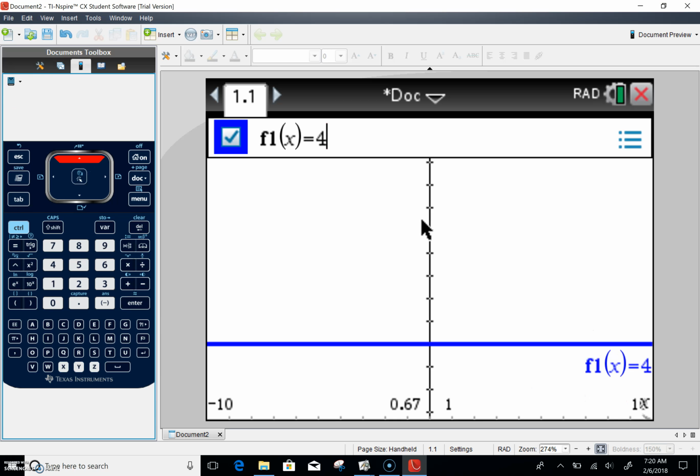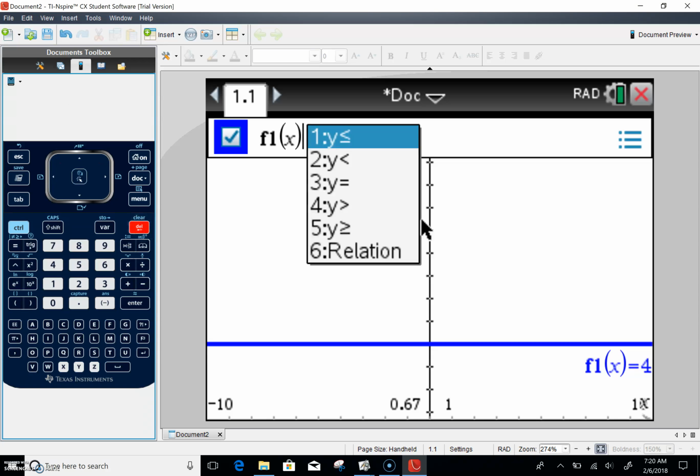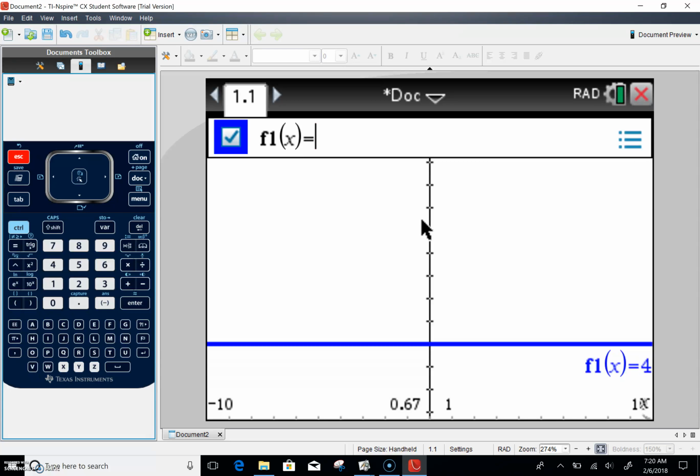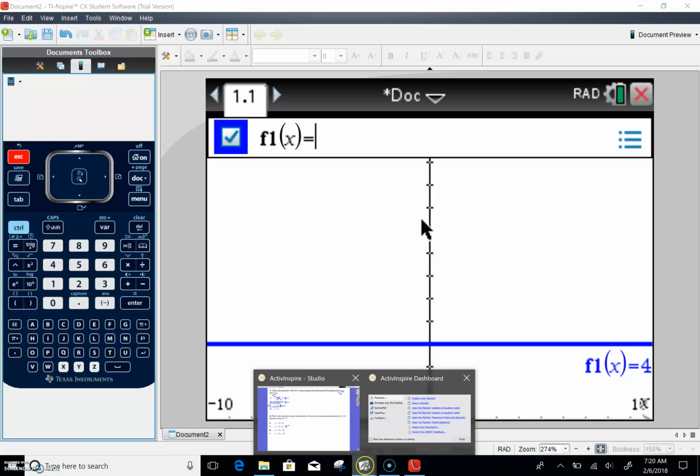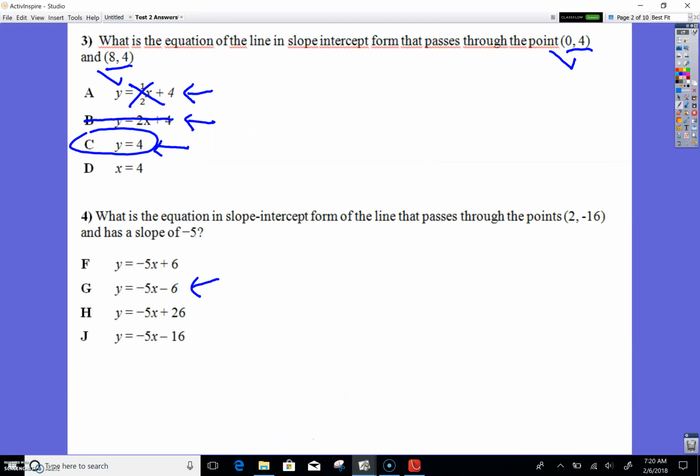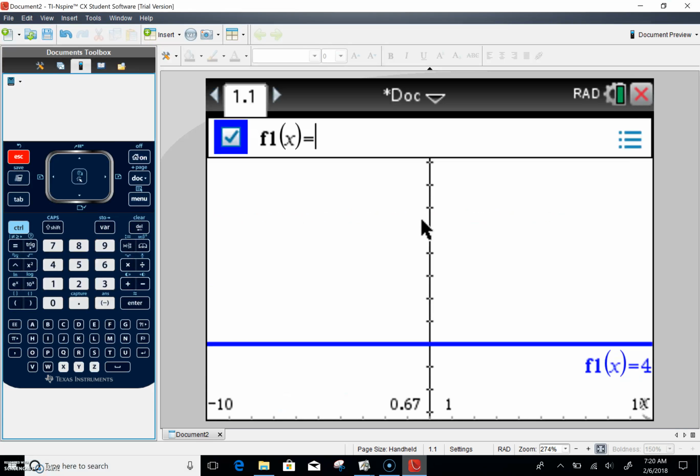I always like to do everything in F1. So what equation do I want to put in? y equals negative 5x minus 6.